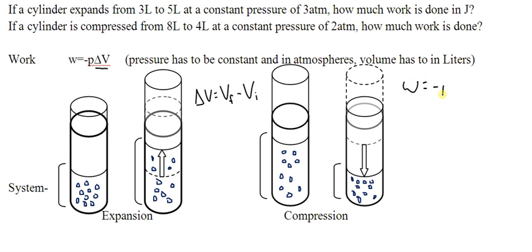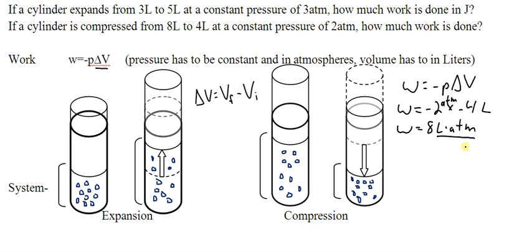Again, we've got work is equal to negative P delta V, so work in this case is going to be negative 2 times, and now it's going from 8 liters to 4 liters, which means the final state is 4 liters and the initial state is 8 liters, so we're looking at a negative 4 liters, and this is again atmospheres, so work is going to be equal to a positive 8 liter atmospheres. And because the question was left as how much work is done, with no specifics as far as the unit requirement, liter atmospheres will work just fine.